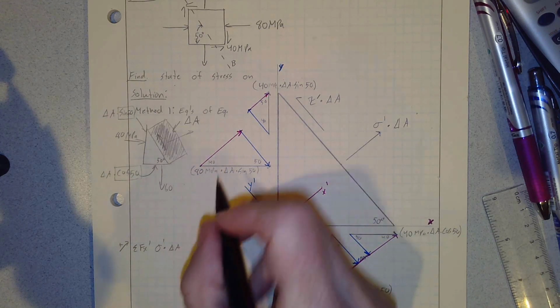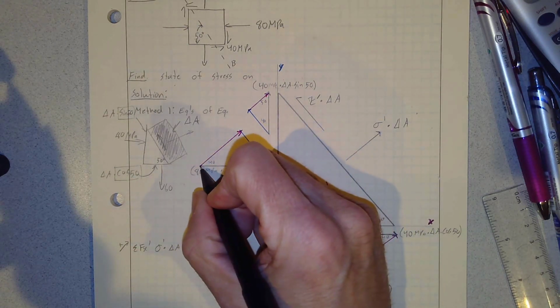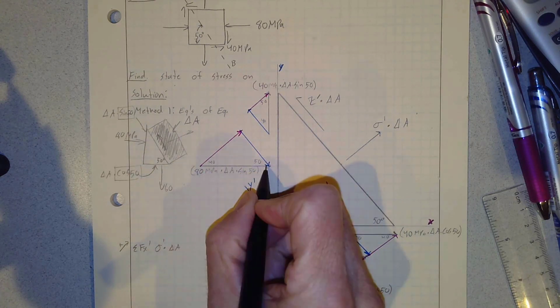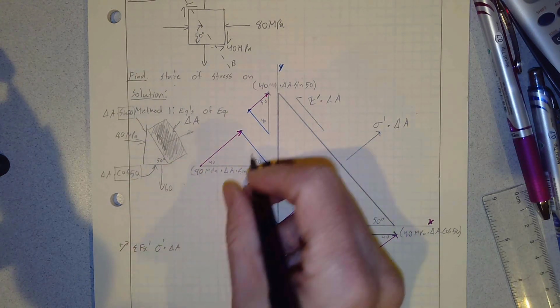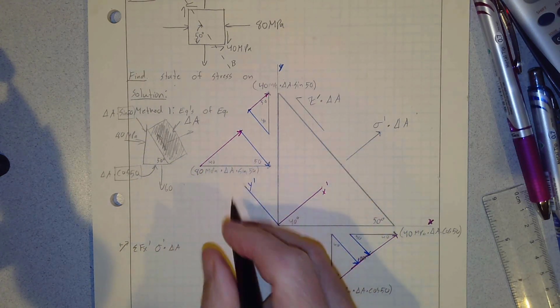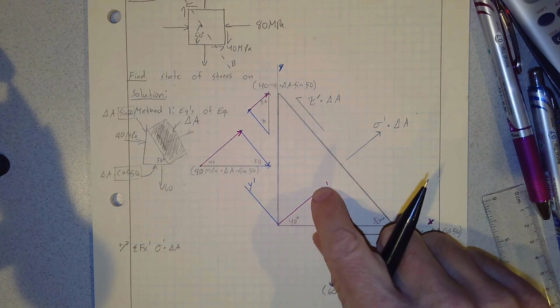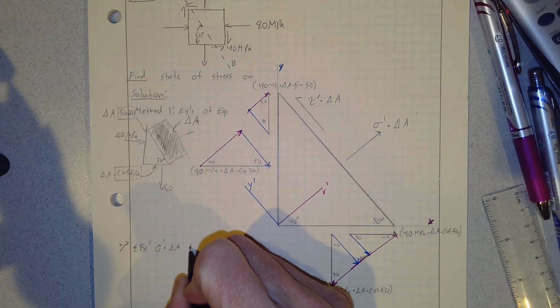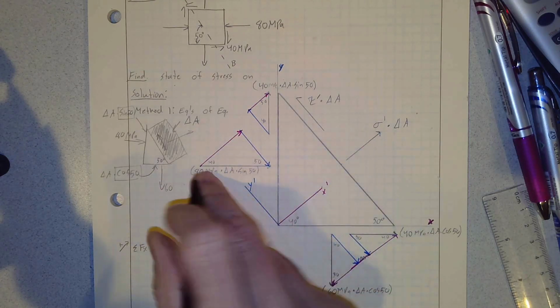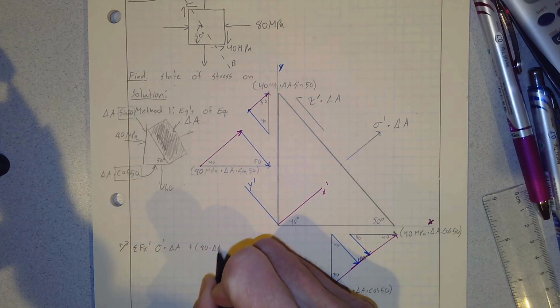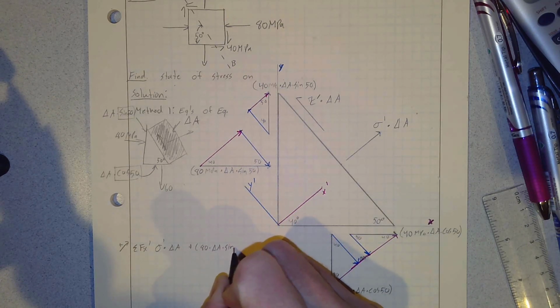Okay, so we want to represent the magnitude of this fuchsia part of this whole vector. So we'll start out with the magnitude of the whole vector. And is this part going to be positive when we're looking at our x prime? It is, so positive. And then the magnitude of the whole vector, that's 80 times delta A times sine of 50.